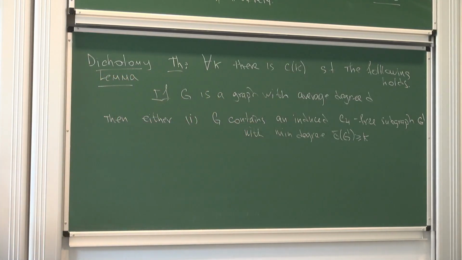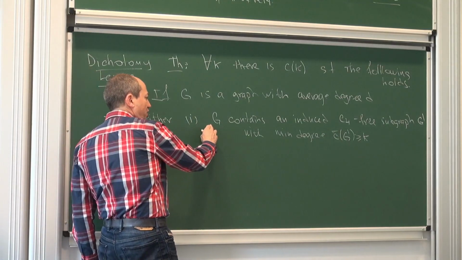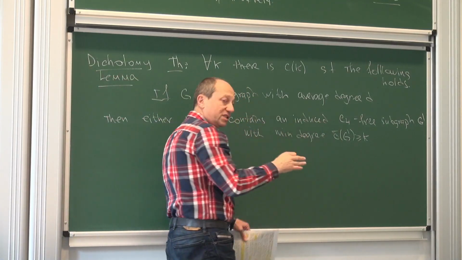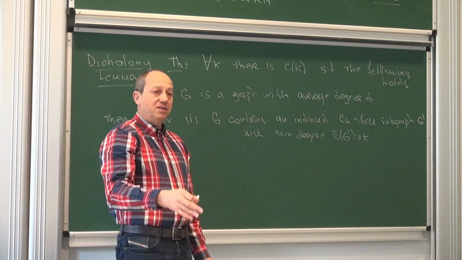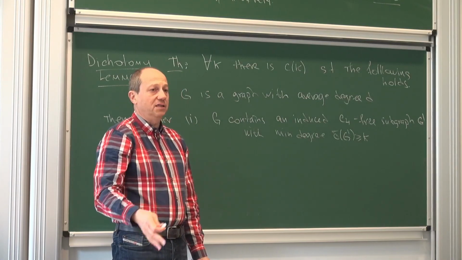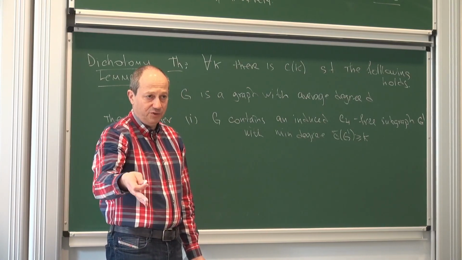Now somebody comes, it's really an adversary, and gives you a graph G with average degree D. D can be an arbitrary parameter, it doesn't relate to this k. And then you can find two scenarios. Either inside G, you can find an induced subgraph G prime, such that G prime is C4-free and has large minimum degree, this k, which we want.